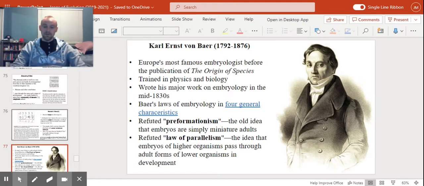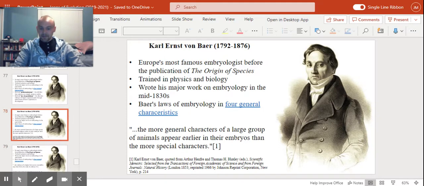He also refuted the law of parallelism, the idea that embryos of higher organisms pass through adult forms of lower organisms in development. In other words, higher organisms like human beings don't go through all the stages of lower organisms first to arrive at where they've continued to develop. He refuted that idea of parallelism.